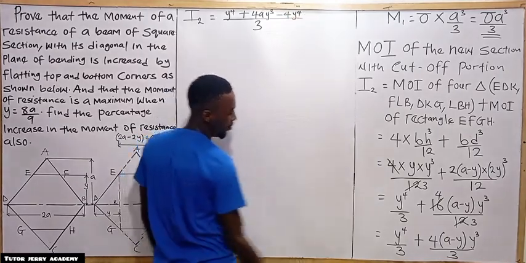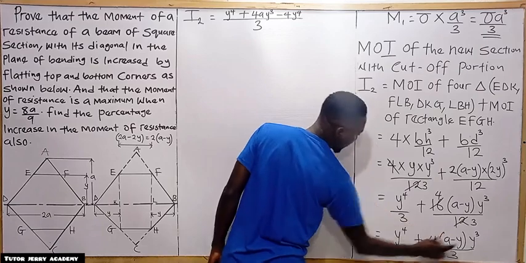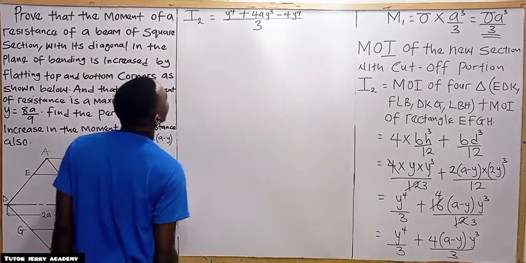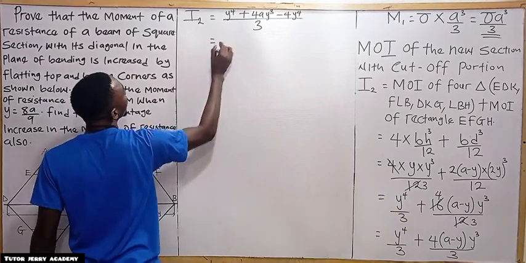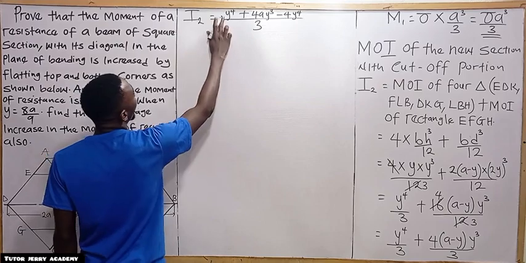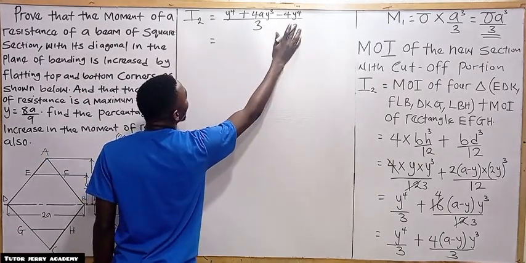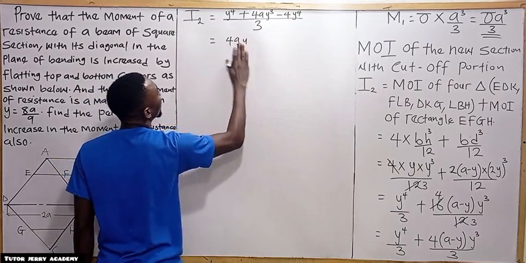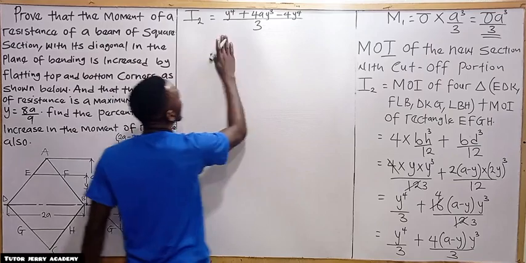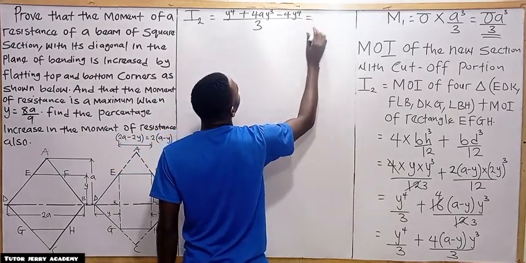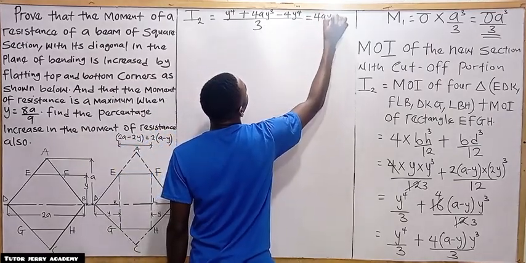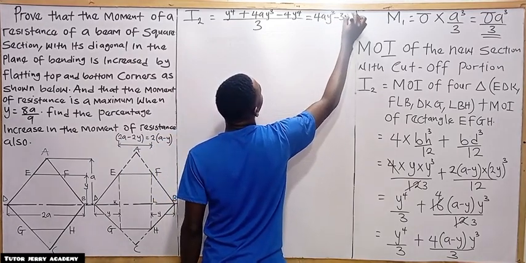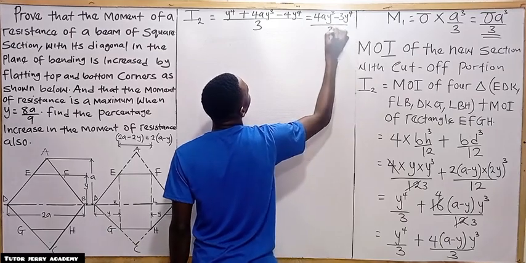All right. I hope you understand. 4 times a times this, 4 times y times this. So here we are going to have this to be equal to y to the power 4 minus 4y to the power 4. So this is 4a y to the power of 3 minus 3y to the power of 4, all over 3.